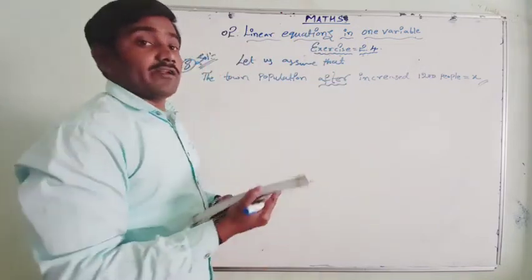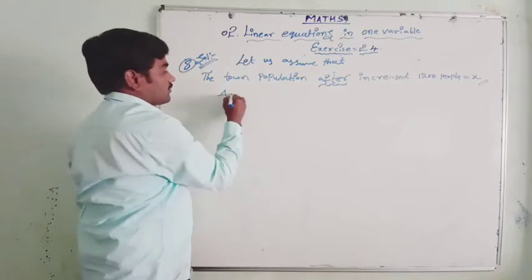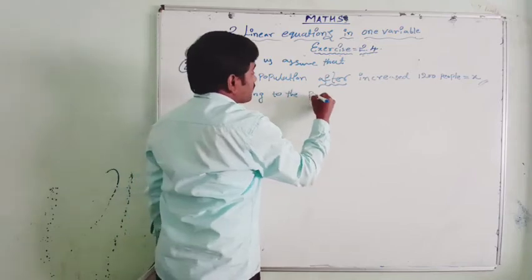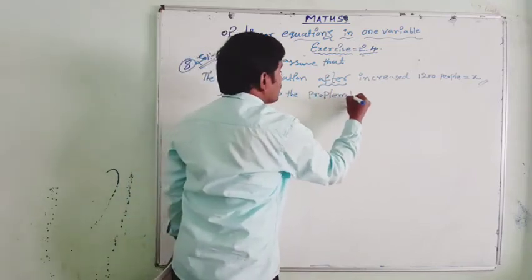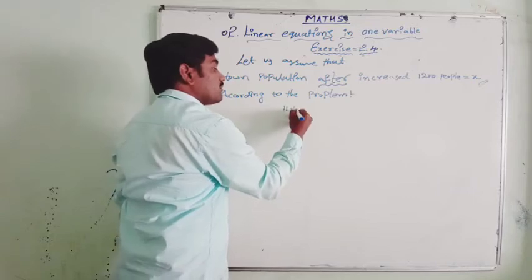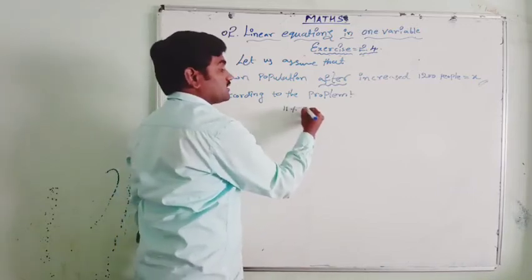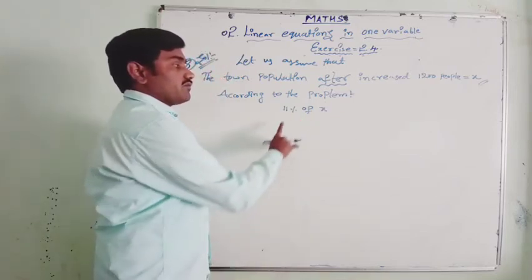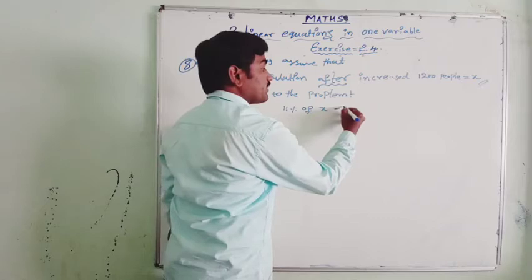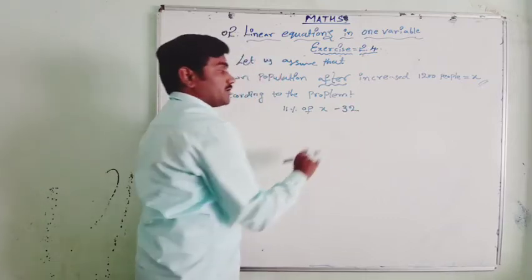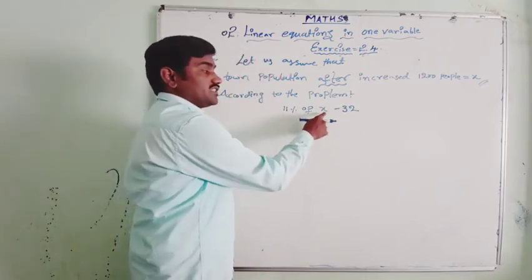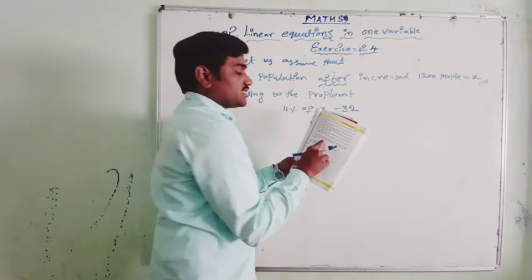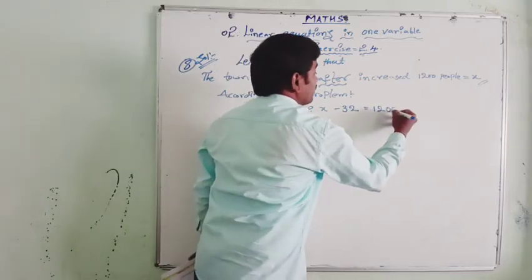According to the problem, 11% of the population was decreased, so 11% of x is decreased. After the 11% decrease, the town has 32 fewer people than before increasing by 1200 people.